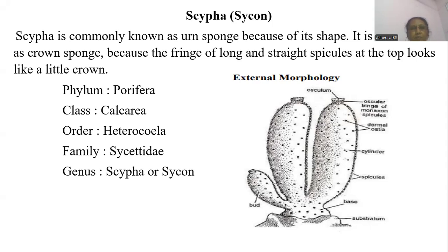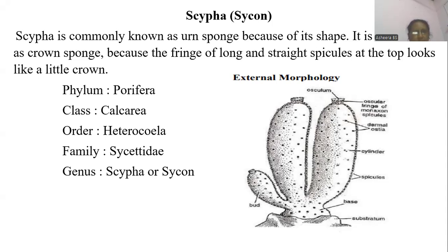And it is also known as the crown sponge, because the crown is present, which is made up of straight and long spicules that are present on the anterior region of the Sycon. So these straight and long spicules at the top look like a little crown, so it is also called as the crown sponge.